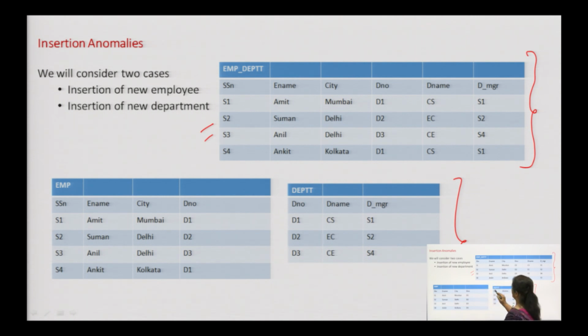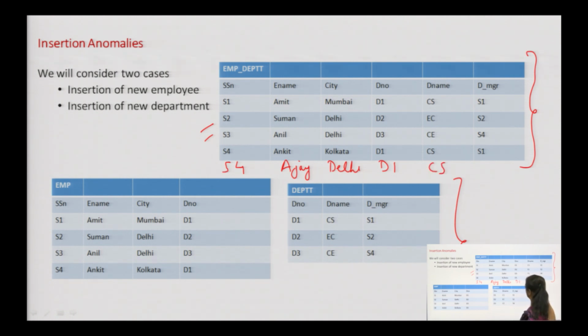Now, let us say I want to insert a new employee over here. In the first case, I have S4, let the name of the employee be Ajay, let his city be Delhi, and let the employee be in department D1.